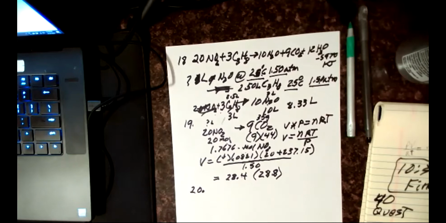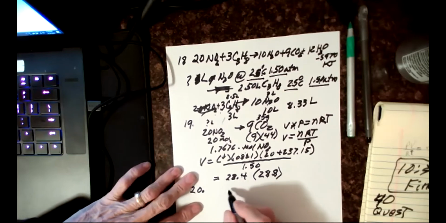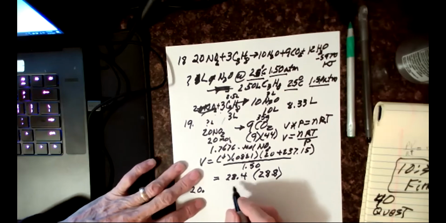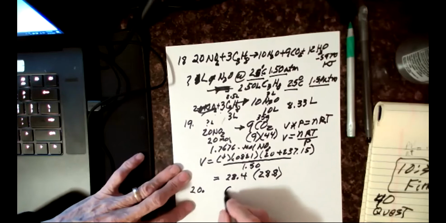Okay, number 20. If that many kilojoules of heat are produced during a reaction, how many grams of CO2 was also produced? Well, these types of problems maybe look a little harder, but they actually are much easier. So I've got 9 CO2s.